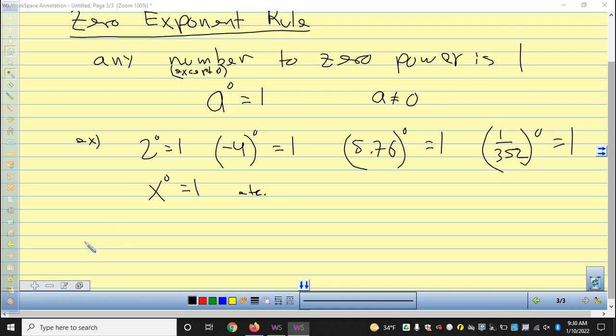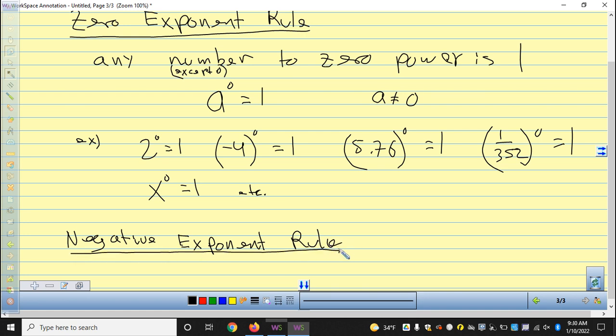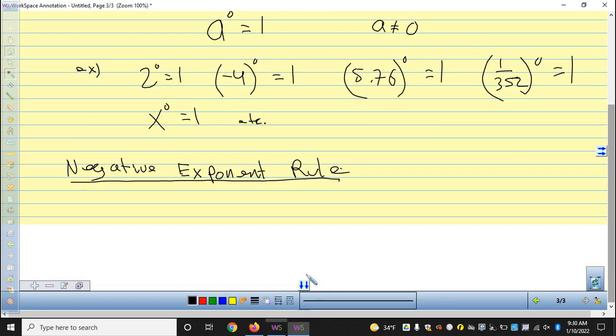Our negative exponent rule. The negative exponent rule is also very easy. Something that always happens.